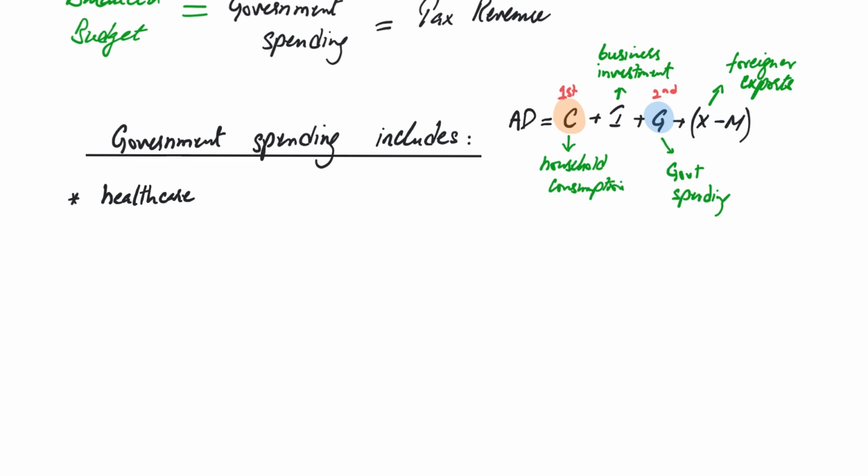government spending includes healthcare spending for the people. It includes spending on education, especially in Western economies where the government runs the whole hospital, pays the doctors, and runs the entire clinics.